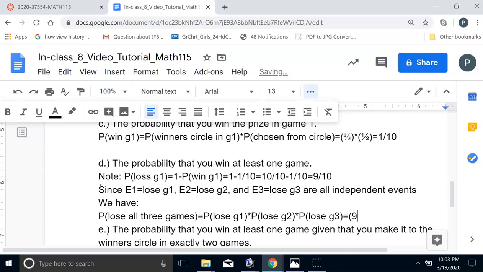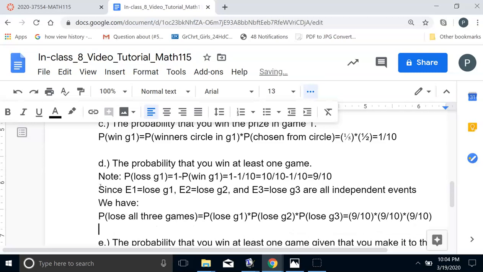So it'll be 9 over 10 times 9 over 10 times 9 over 10. Multiplying the tops, 9 times 9 times 9 is 729, and 10 times 10 times 10 is 1,000, so it'll be 729 over 1,000.